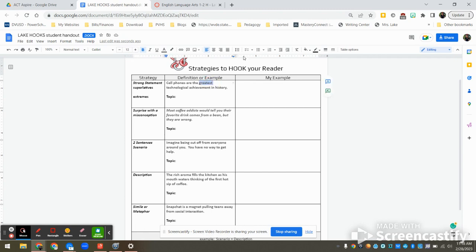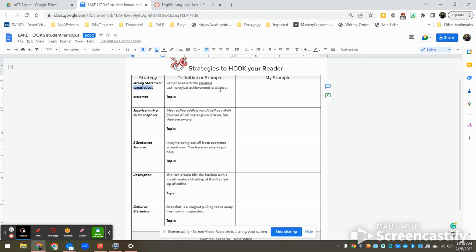A superlative is a word that uses the -est to take it to the highest level, like greatest. In history is the extreme here. So add that on there, underlining greatest and circling in history, so you can see that they've added these different things into their strong statement.